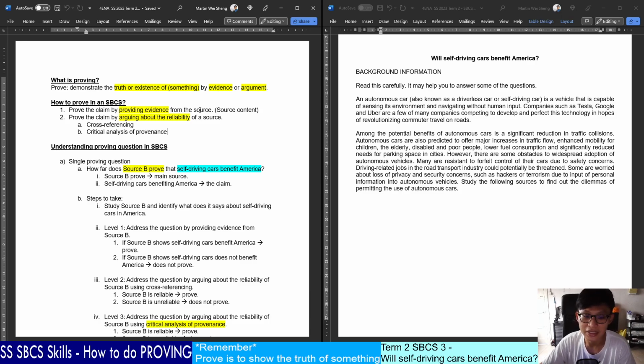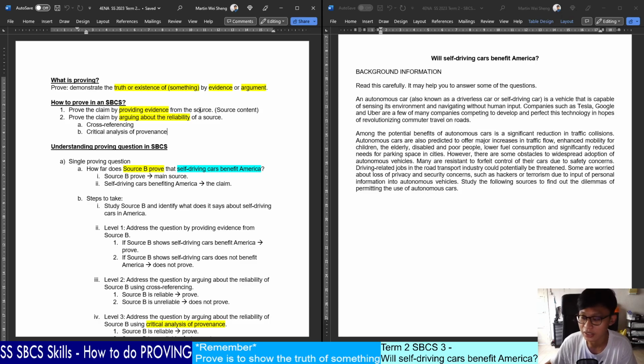At the same time, I can also look at Jack as a person himself, and do critical analysis about him. I can say that Jack is a music lover. Jack knows a lot about music, so definitely he can prove the claim that the concert which he went to is good.